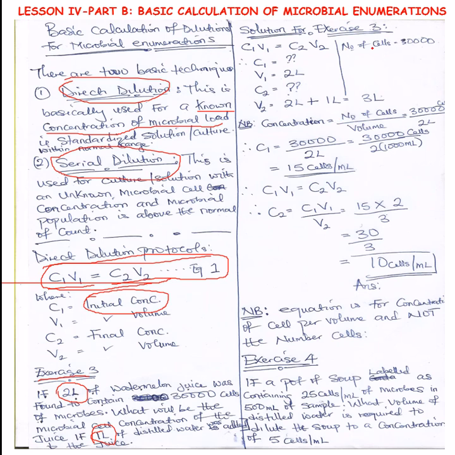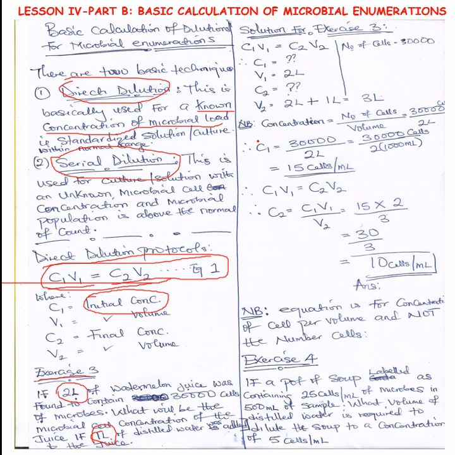Note that this is the number of cells. First, you must get the concentration C1 to be able to continue with the equation. You cannot use 30,000 directly. Since the number of cells is given per volume, and concentration is the number of cells per particular volume, you have to get C1, the concentration before the 1 liter was added.